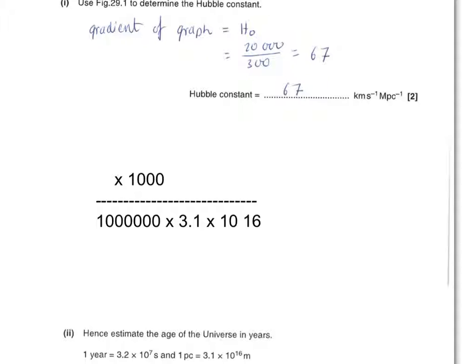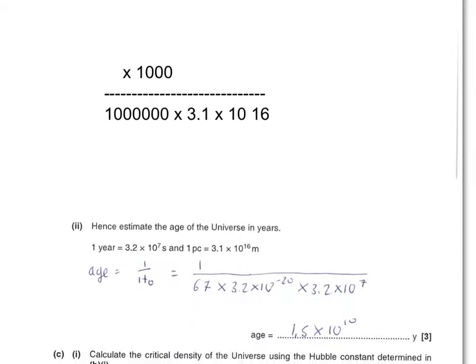We can convert the kilometers to meters by multiplying by 1000, and the per megaparsec we can consider to be on the bottom line of the fraction here, and converting mega we insert 10 to the power 6, and then we need the factor to convert parsecs to meters. This is given in the question here.